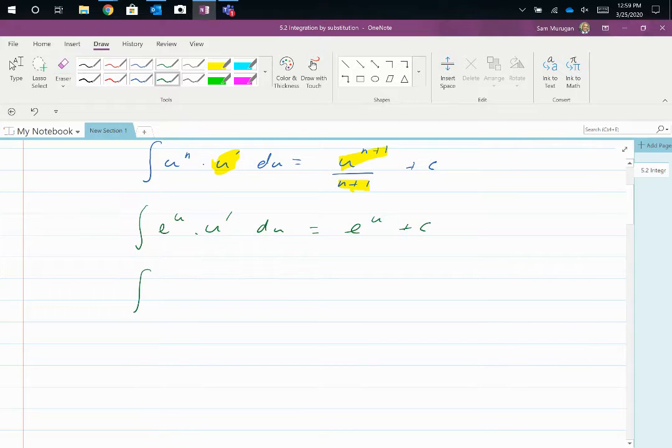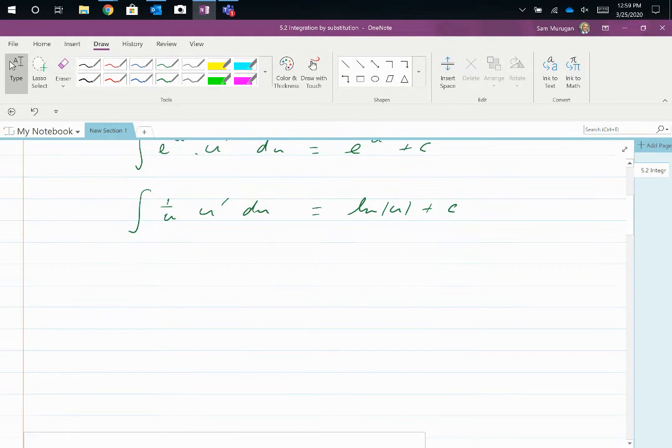And if we've got 1 over u, u prime du, then this is ln u plus the constant. So I'm going to give you an example of each of these rules.